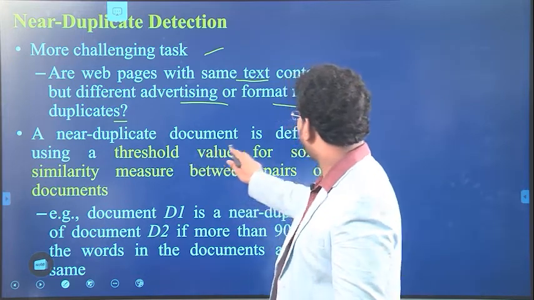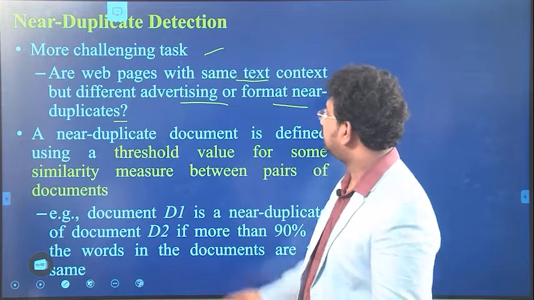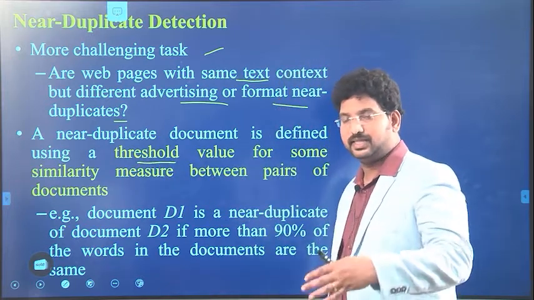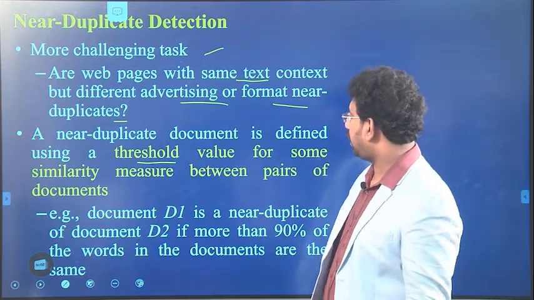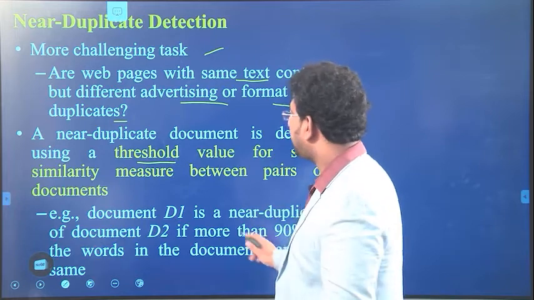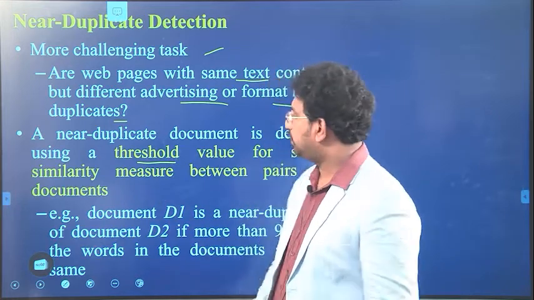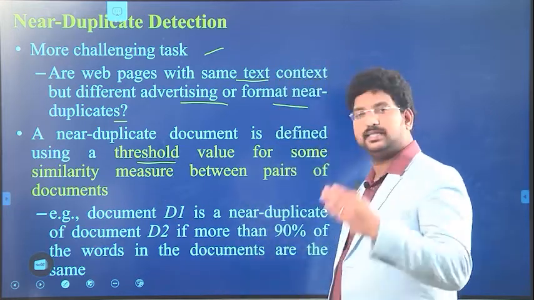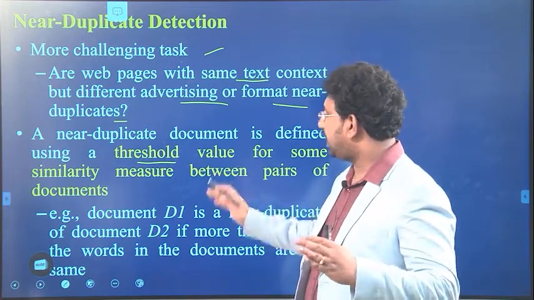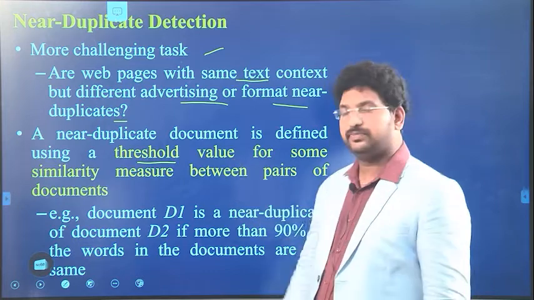Here you try to understand what a near duplicate is. A near duplicate document is defined using a threshold. So we are going to use the threshold, and accordingly we decide whether it is a near duplicate or not. A near duplicate document is defined using a threshold value for some similarity measure between pairs of documents.